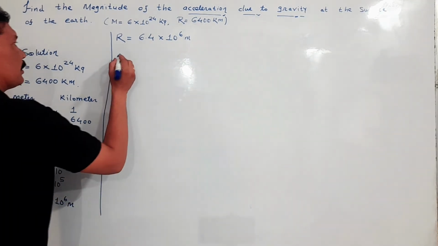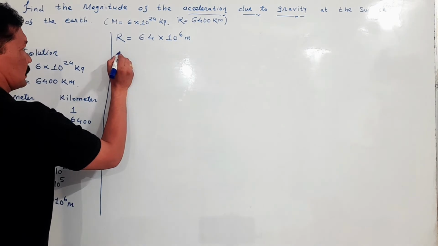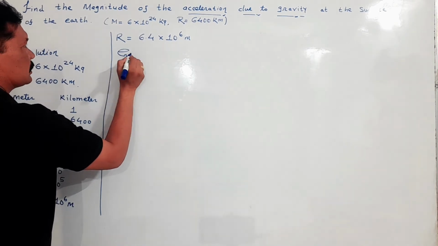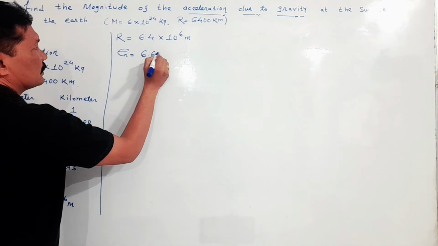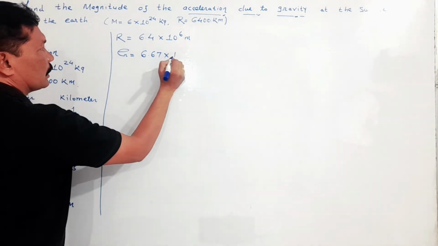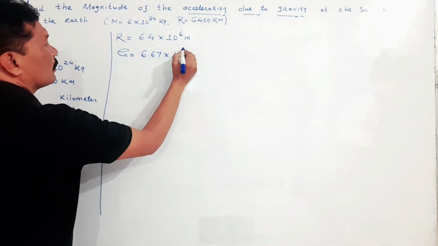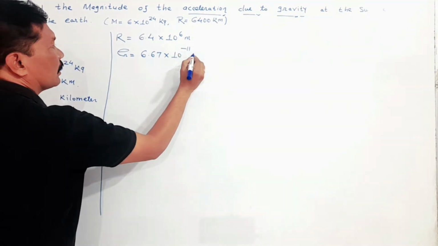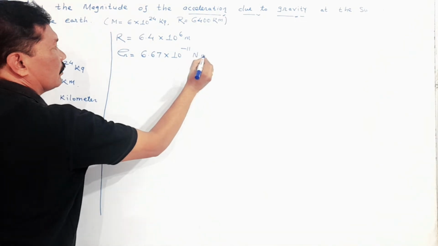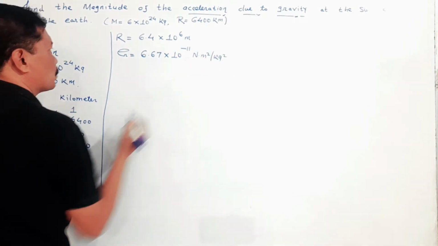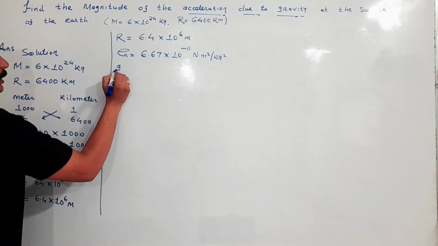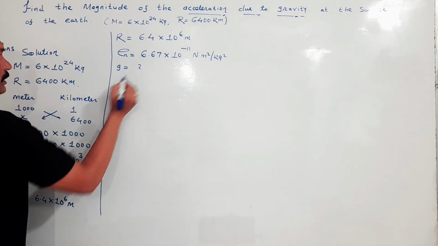The value of capital G is known to us, that is gravitational constant is equal to 6.67 into 10 to the power minus 11 Newton meter square per kg square. Acceleration due to gravity is asked to us.